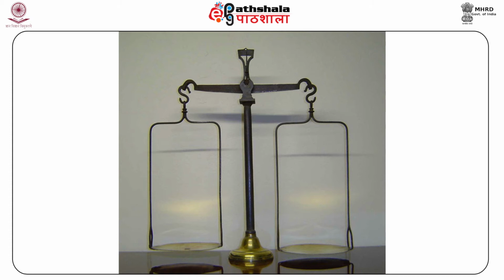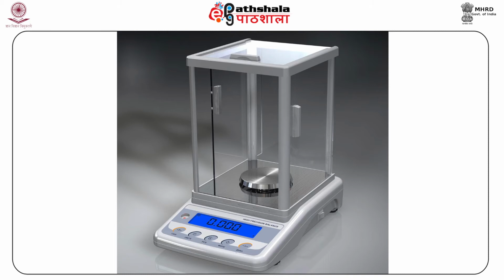While there are different kinds of balances available, they are all expensive and delicate instruments that need to be handled with care. Most balances in use these days are electronic. An electronic balance has many advantages over other types of balance.